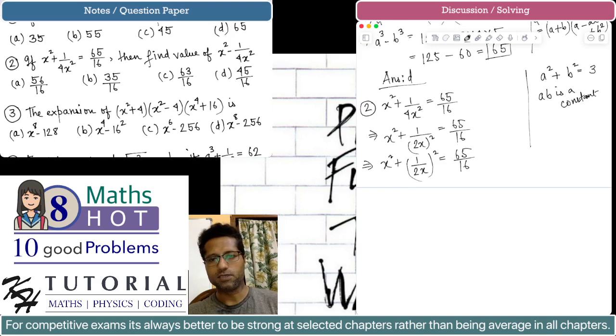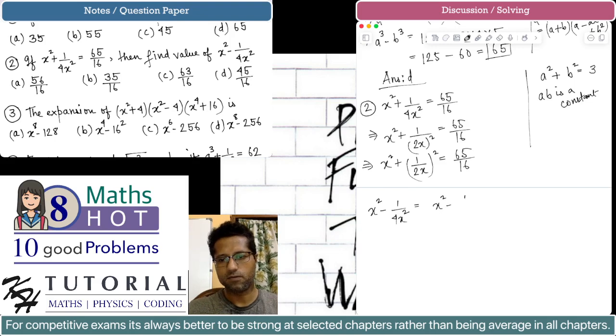So for this kind of problems, the way you should proceed is that we have to find x square minus 1 by 4x square. So this is equal to x square minus (1 by 2x) whole square.